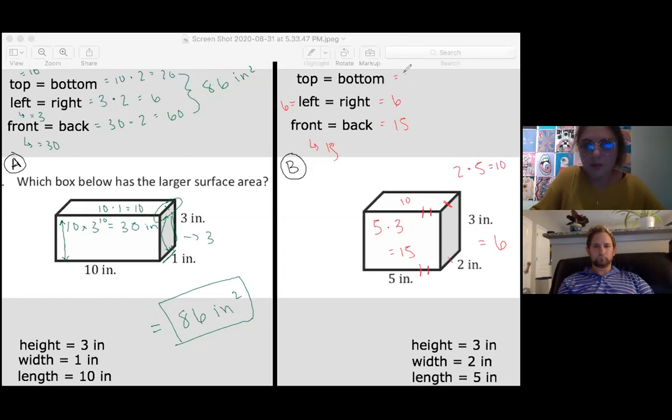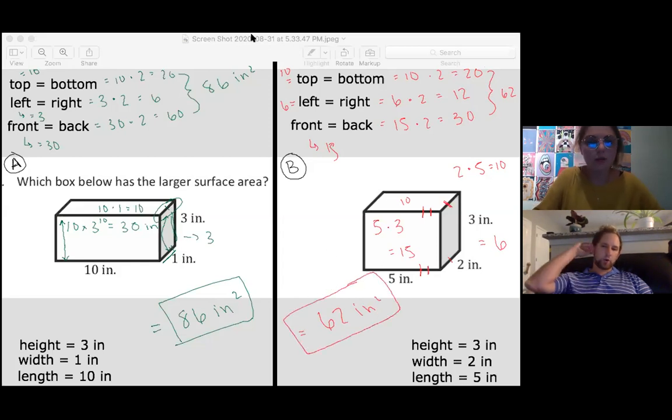So the top and the bottom are both 10. 10 times 2 is 20. 6 times 2 is 12. And 15 times 2 is 30. So this would be 50 plus 12, which is 62. So box B would be 62 inches squared.